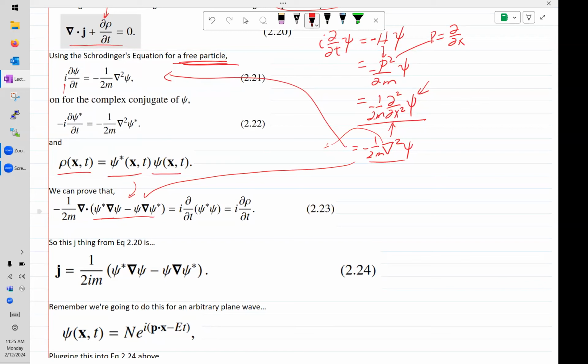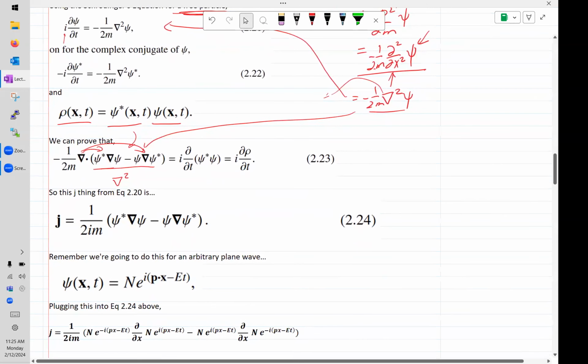Because it's actually like you're doing the reverse of the chain rule. So if you actually act it on this, you're going to get grad squared back. And that's the reason why we're breaking this up like this.